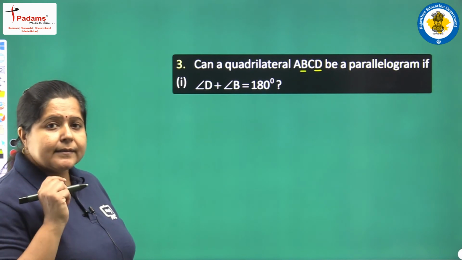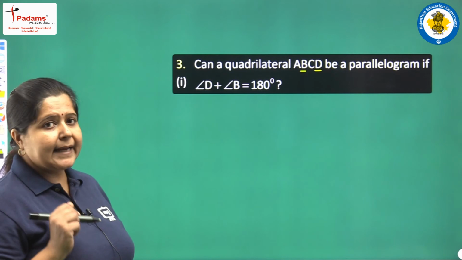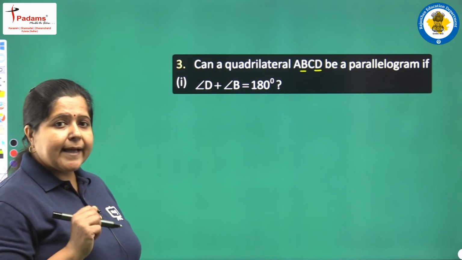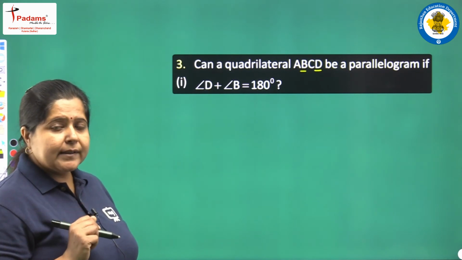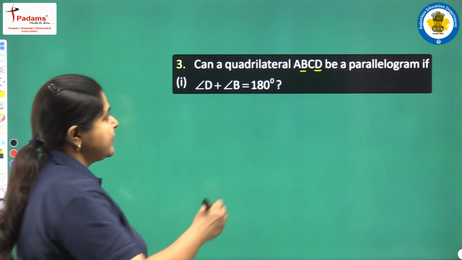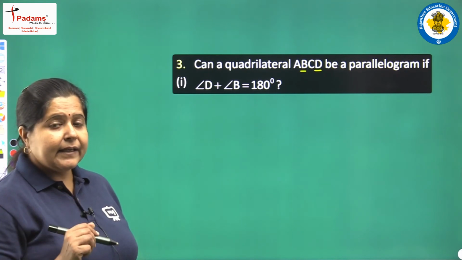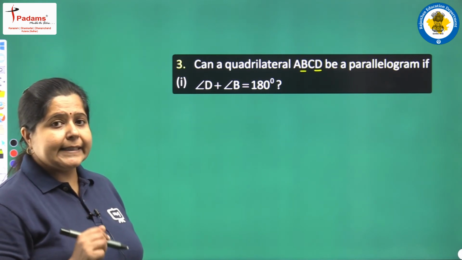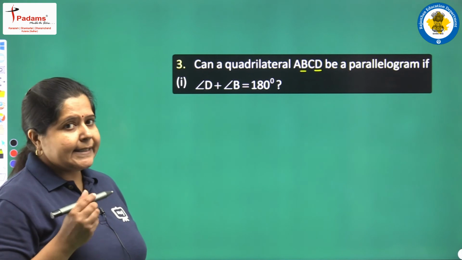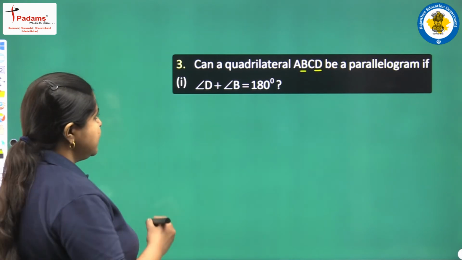First is the sum of adjacent angles should be 180 degrees, and the second, the opposite angles should be equal. If these conditions are satisfied, then this quadrilateral can be a parallelogram. Even then, we cannot be sure that this will be a parallelogram. It can be and it cannot be. So let us write it here first.